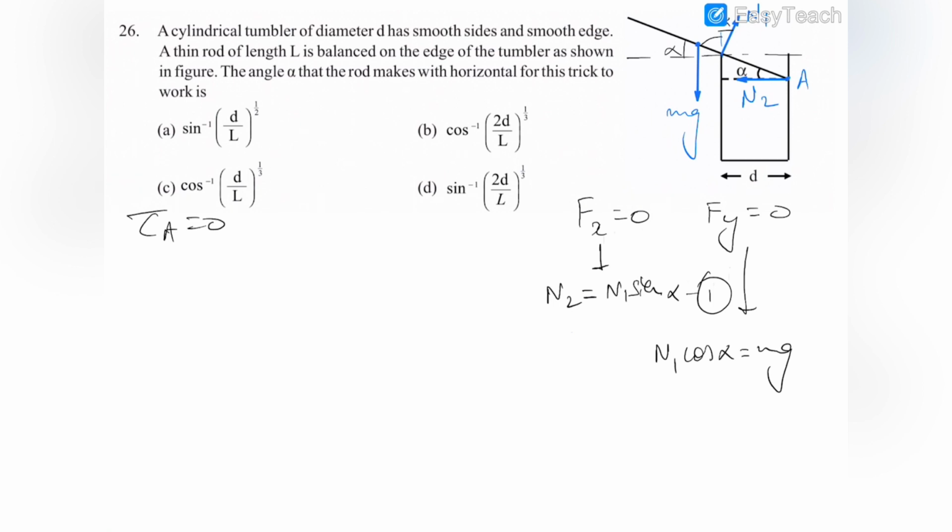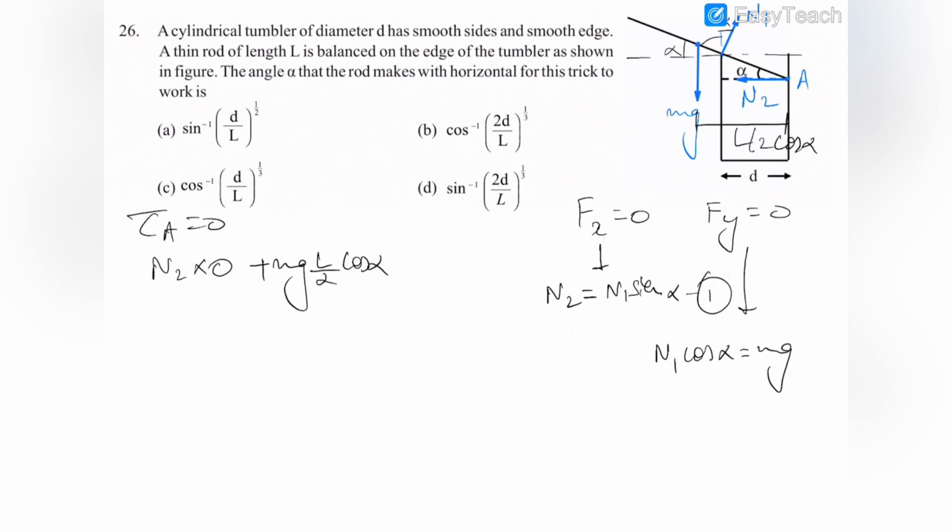So the torque of N2 will be 0 because N2 is passing through the point A, so N2 into 0, and the torque of mg would be mg into this distance. So this would be L by 2, the half length of the rod, and the distance is L by 2 cos alpha. So this is plus mg into L by 2 cos alpha.